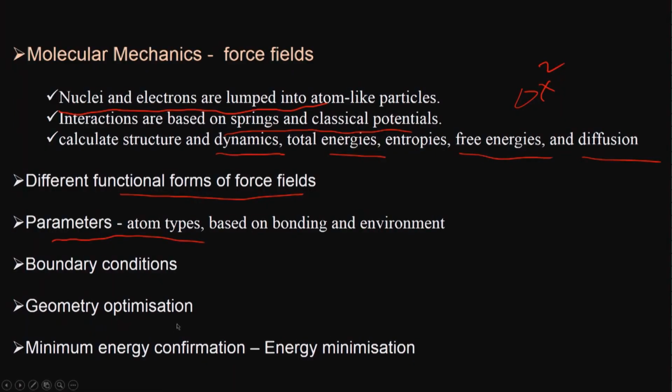Then the boundary conditions, what type of boundary conditions, is it vacuum, is it surrounded by solvents, is it in a periodic box. Then came the geometric optimization, this is very important. So we want to find out the minimum energy conformation of the molecule, okay. So that is energy minimization, we use lot of numerical techniques to calculate the minimum energy, okay.